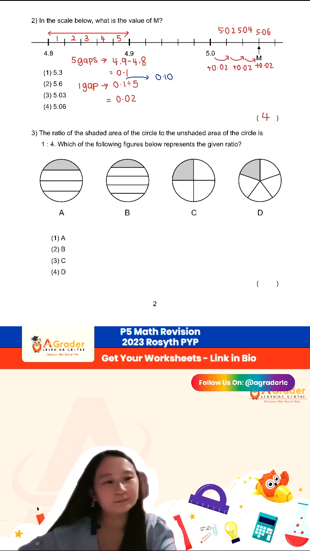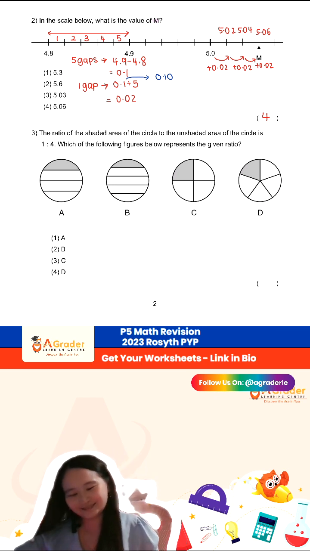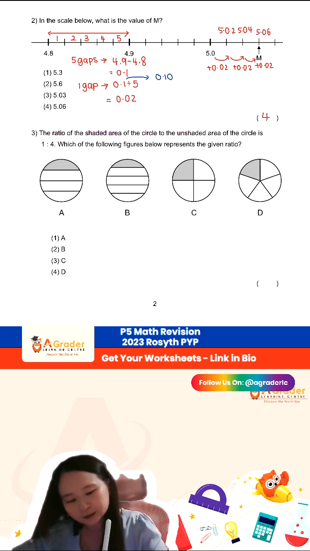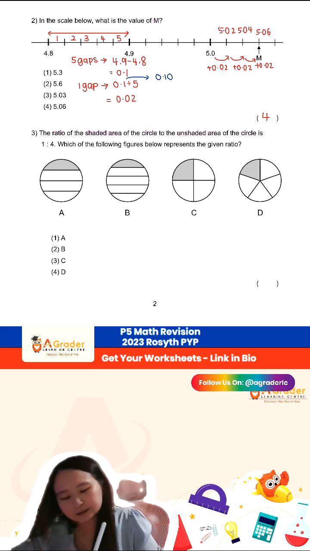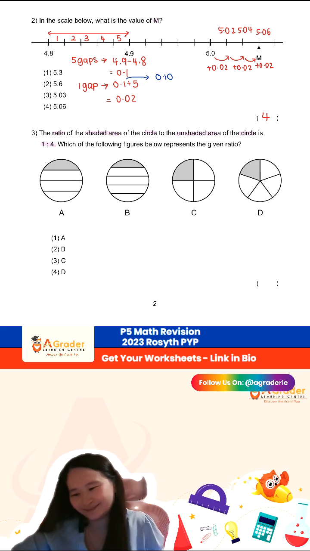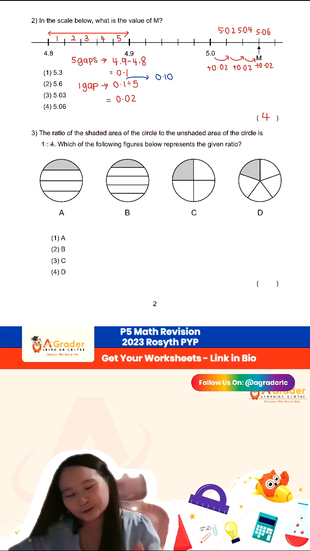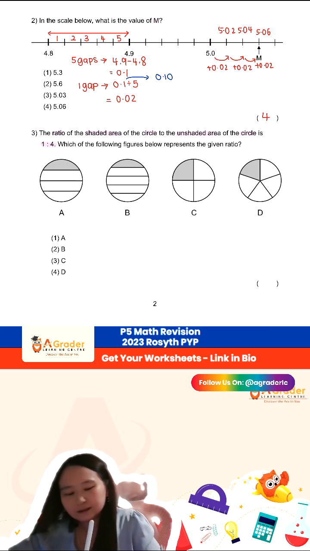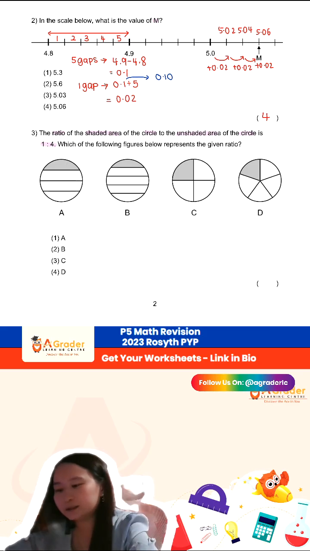Question 3. Okay, that's good. The ratio of the shaded area of the circle to the unshaded area of the circle is 1:4. Which of the following figures below represents the given ratio? So firstly, ratio and fractions are quite similar here.